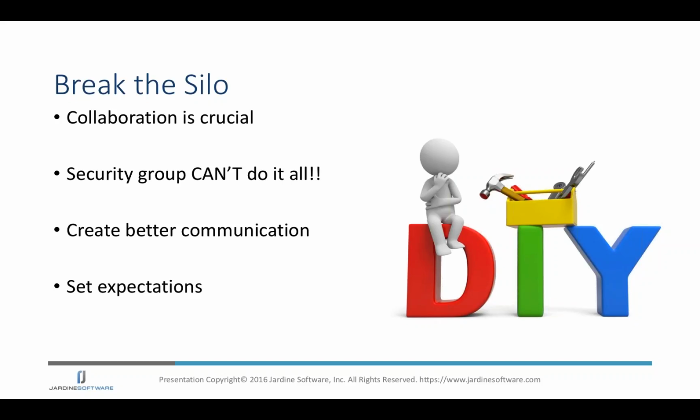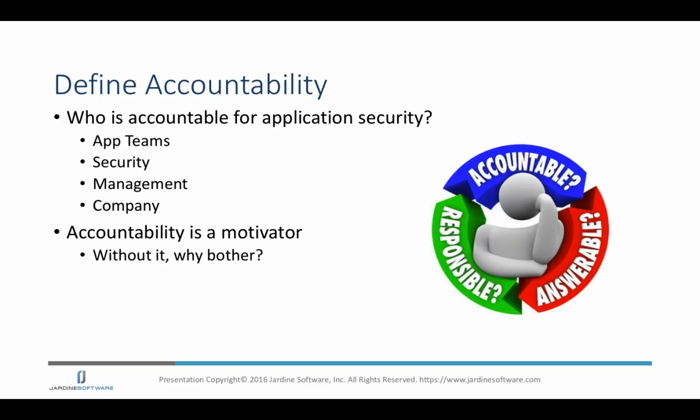And then we want to set our expectations. What do we expect from the dev teams? What do we expect from ISO or our security groups or risk groups? Who's responsible for what? And when we start talking about responsibility and accountability, it comes down to who's accountable for application security. I mean, when we think about it, app teams are responsible, right?